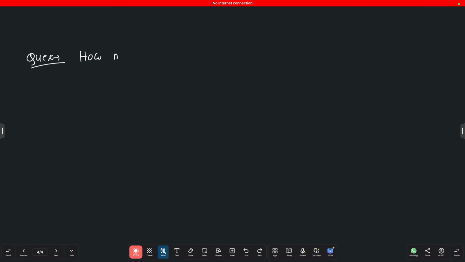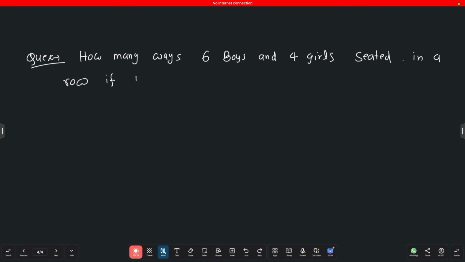How many ways can 6 boys and 4 girls be seated in a row, if no two girls are together?